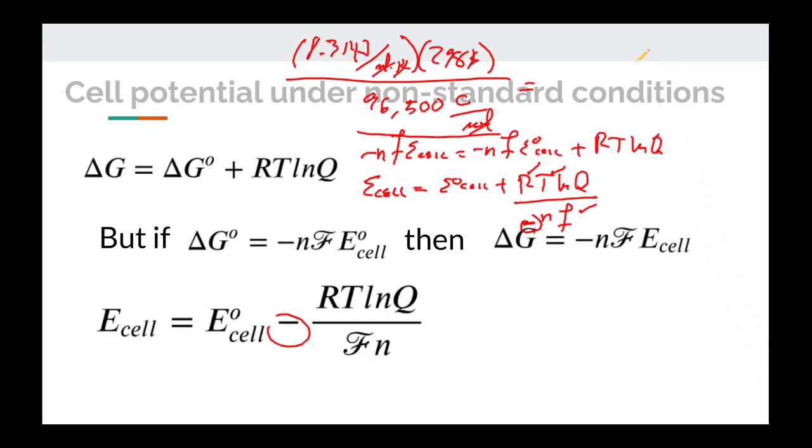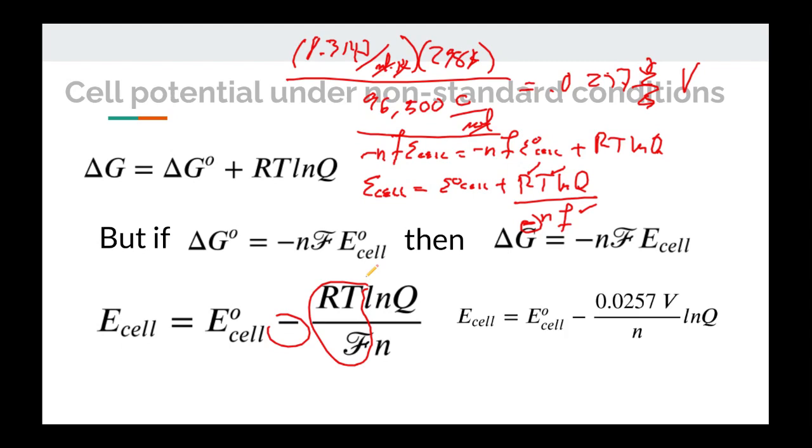So we're going to get joules per coulomb. But a joule per coulomb is a volt. And if we multiply and divide here, find out our answer, we get 0.0257 volts. So with these constants separated out, this equation becomes cell potential is standard cell potential minus 0.0257 volts over n, which is the number of moles transferred, times the natural log of Q.